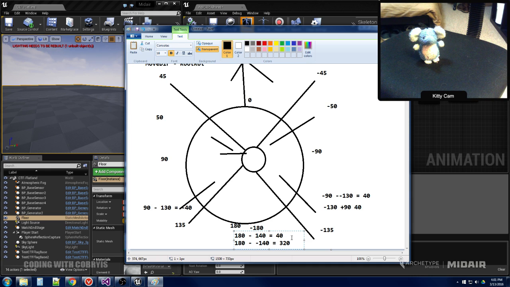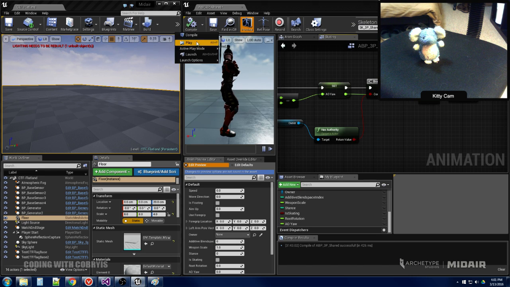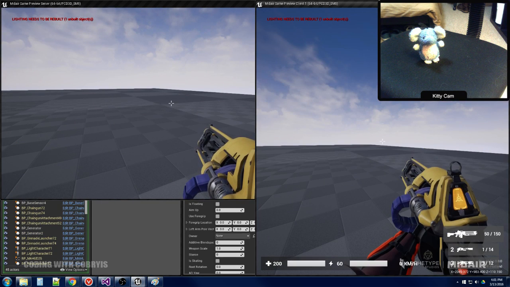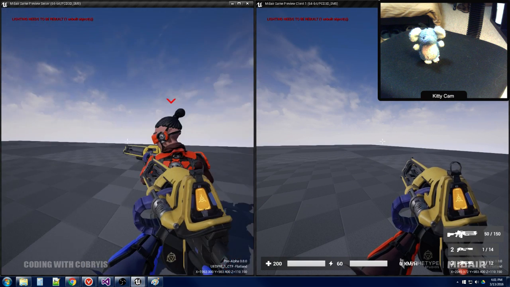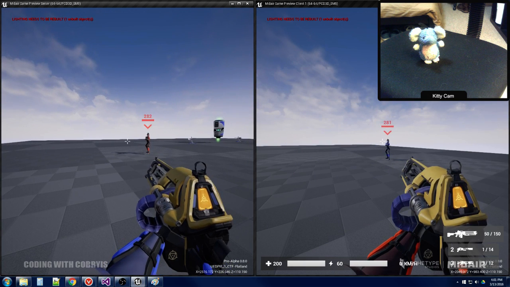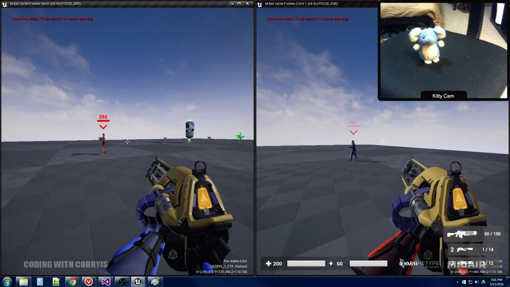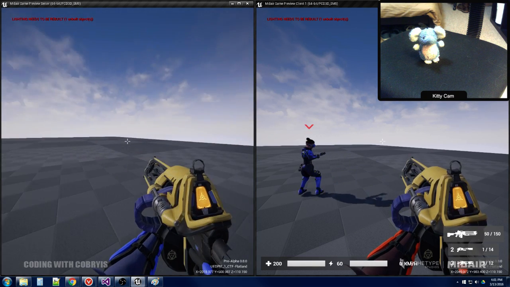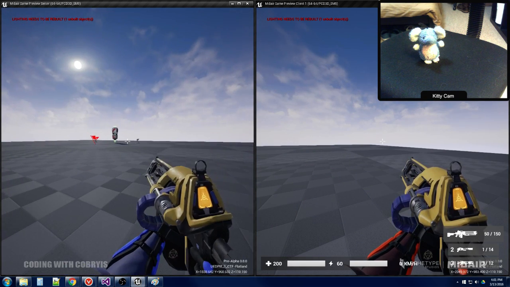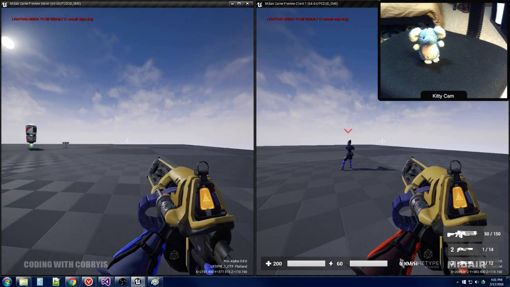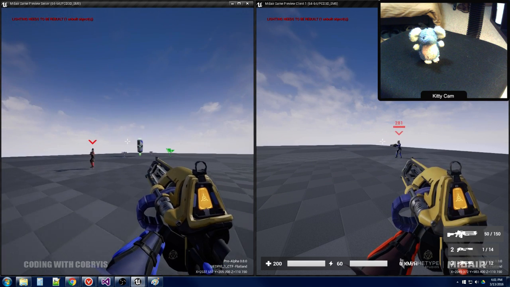We're working on the skiing animation. Let me show real quick. We're looking at the right monitor, or the right screen here. My weapon is gone. Abel, you're supposed to fix this.